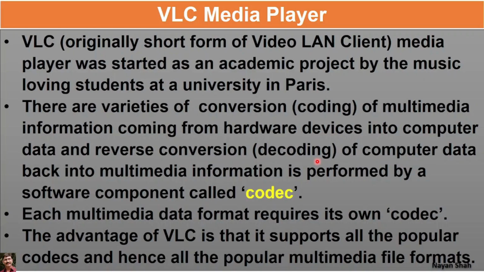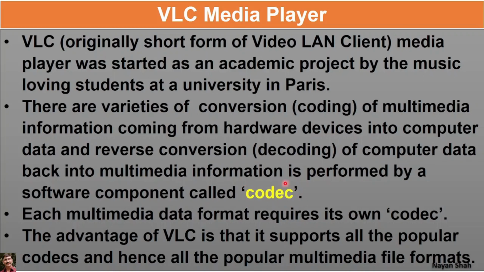When you view this video, the digital form of my video is converted into analog form, so that is called decoding. For this coding and decoding there is special software that does this conversion, and in short it is called codec. Such software performing the operation of coding and decoding is called a codec.